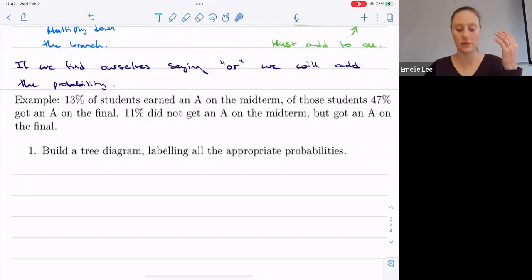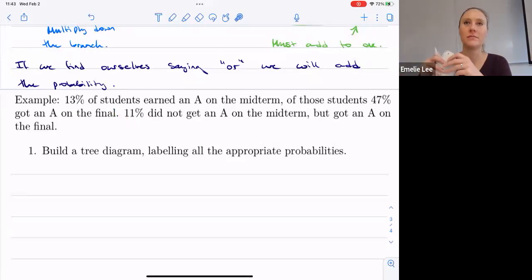Because to me, it's not obvious that this 11% is a conditional probability, but we know if 13% of students got an A on the midterm, then we know, well, now I can't do math, but 87?